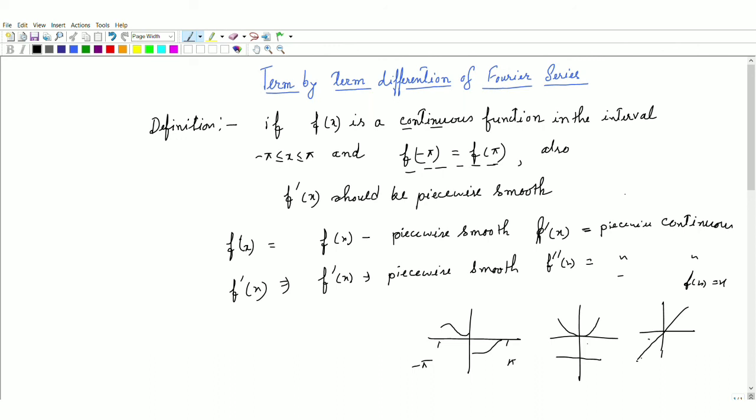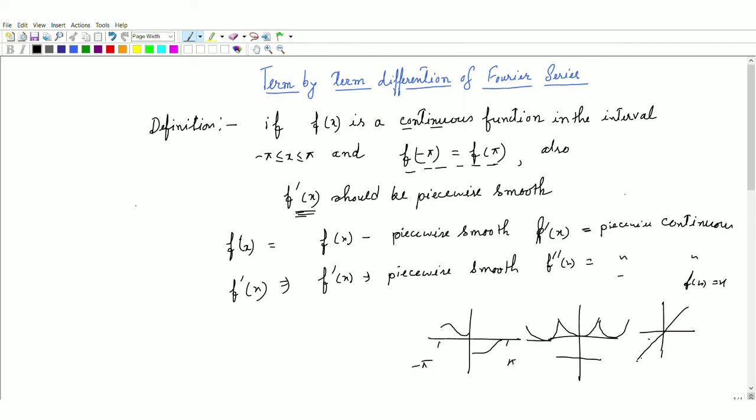The second condition is also the condition of that even function: if this is the condition, then only if you do the periodic extension will you have a continuous function after periodic extension. The third condition is that f dash x should be piecewise smooth, because we are getting the Fourier series after differentiation of f(x). When we talk about the Fourier series of f(x) only, we say that f should be piecewise smooth.